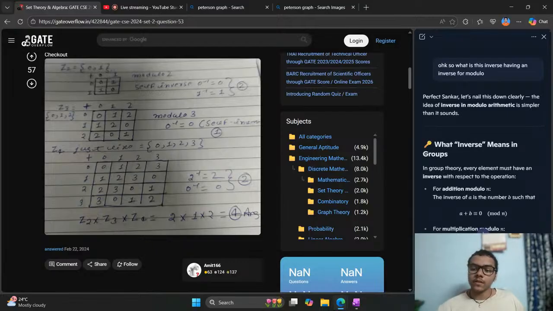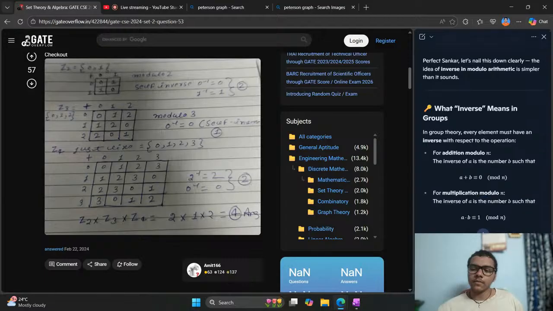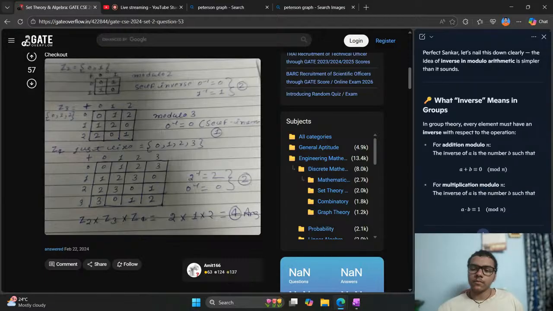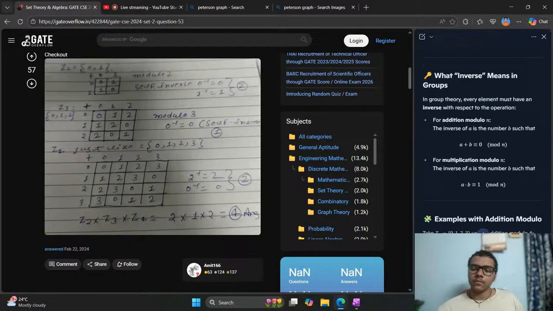Every element must have an inverse with respect to the operation. For addition modulo, the inverse of A is number B. Okay.